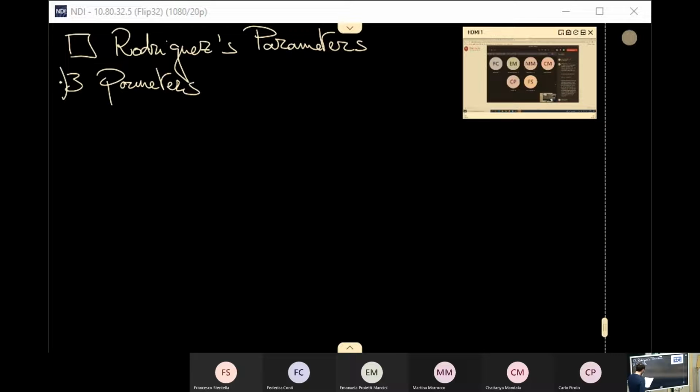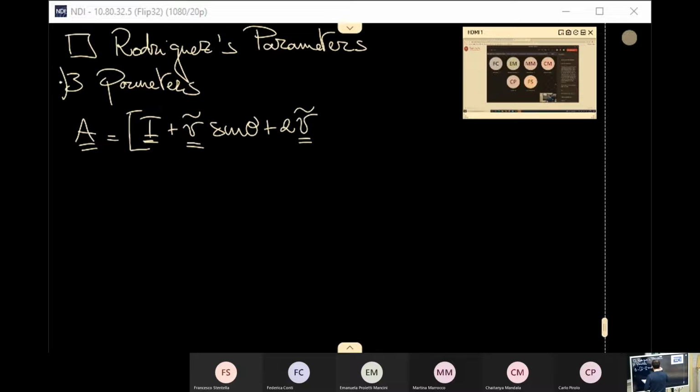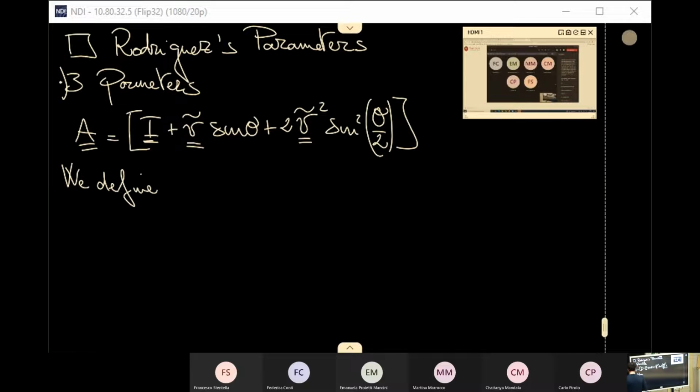What are these 3 parameters? Well, if we recall our transformation matrix that was introduced like so, we define this quantity here, gamma, which is a vector: the vector v, which is the axis of rotation, a unit vector as we already saw, times the tangent of theta divided by 2.